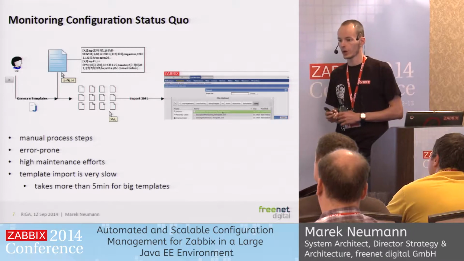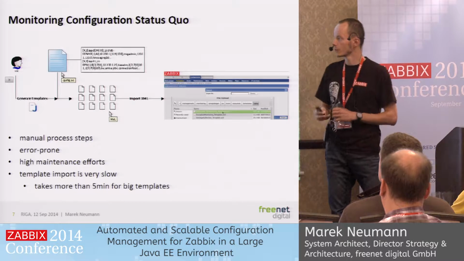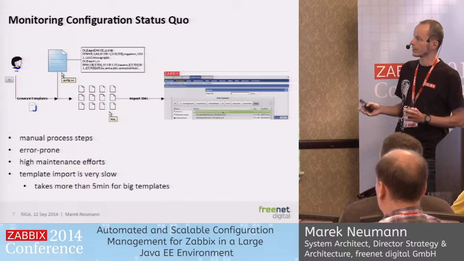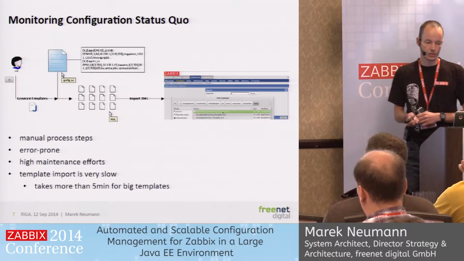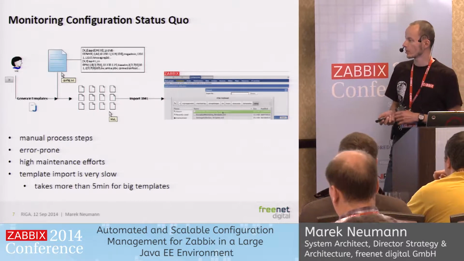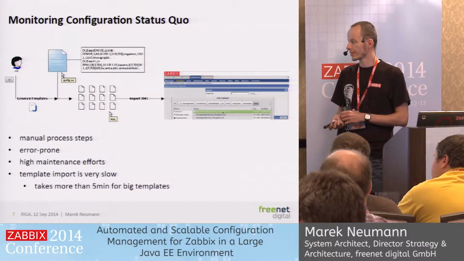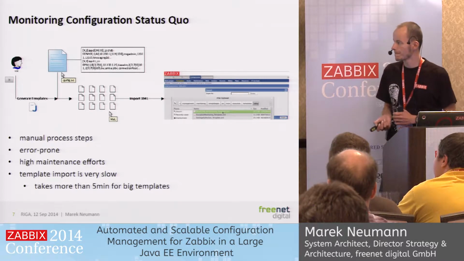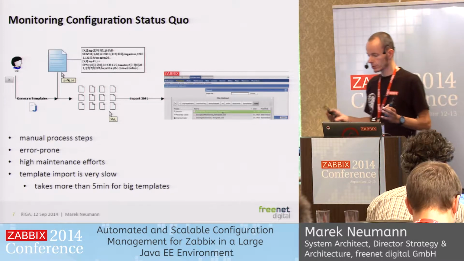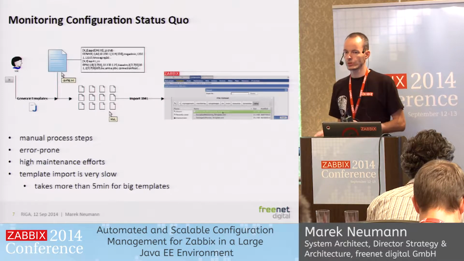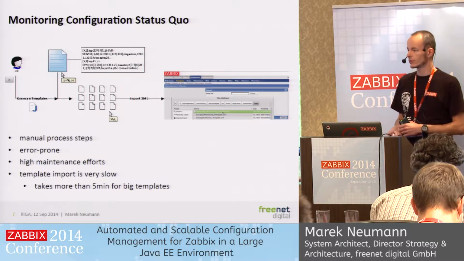So we also have a configuration file which is parsed, and a so-called template generator is generating these templates before they are imported. This is somewhat error-prone, and the maintenance efforts are very high. Sometimes when it comes to big software deployments, the import process takes very long, up to 5 minutes for some of our templates.